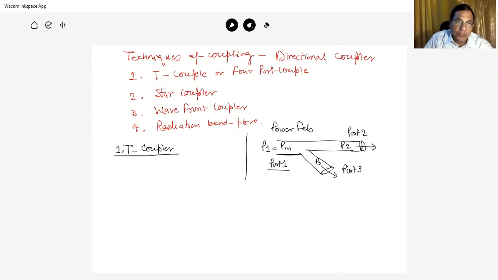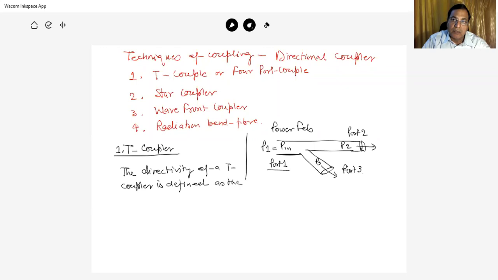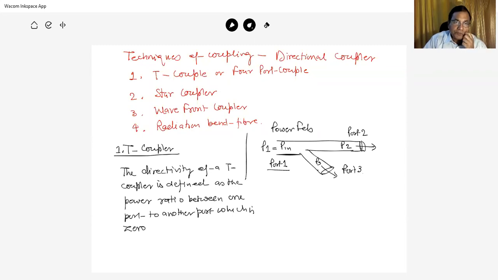So the directivity of a T coupler is defined as the power ratio between one port to another port, which is 0 for the ideal directivity.